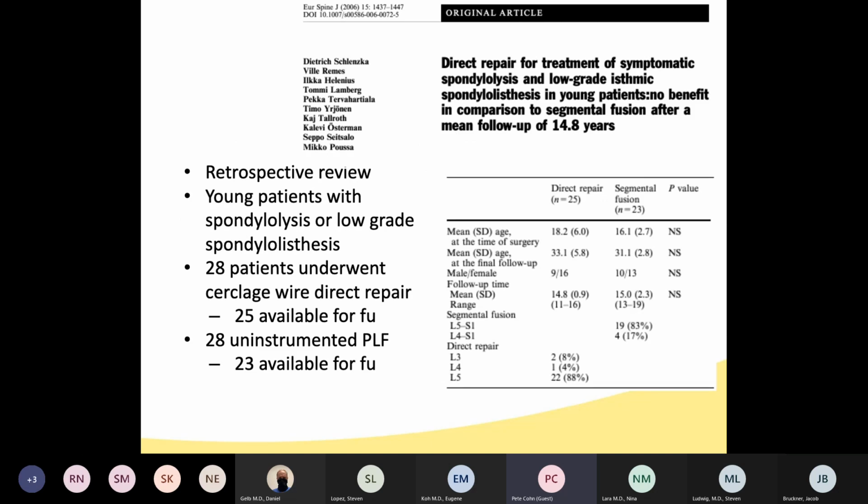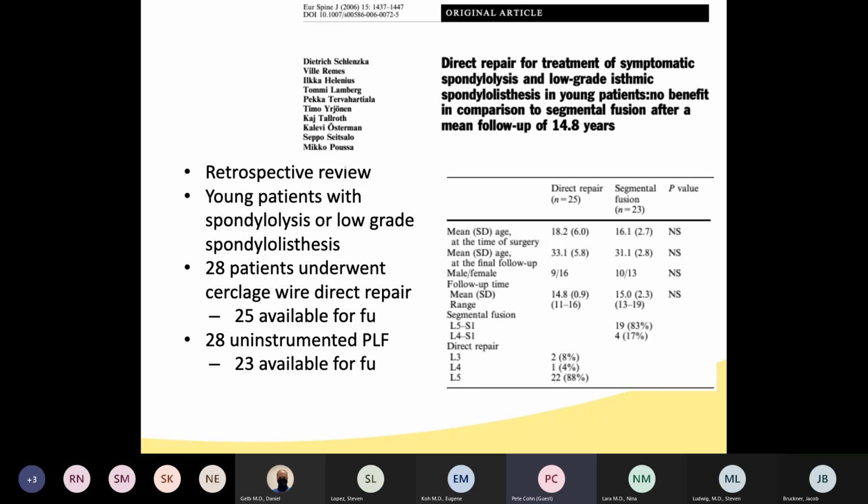So I just included this kind of for fun because we were talking about it in our own spine conference on Wednesday. It came up because there's a patient coming up on the schedule who's a younger patient with a spondylolysis without a spondylolisthesis, and we were trying to discuss the best mode of treatment for a patient like that.